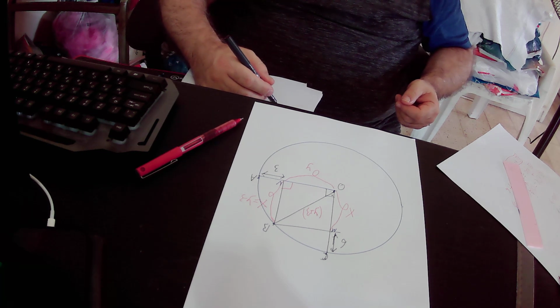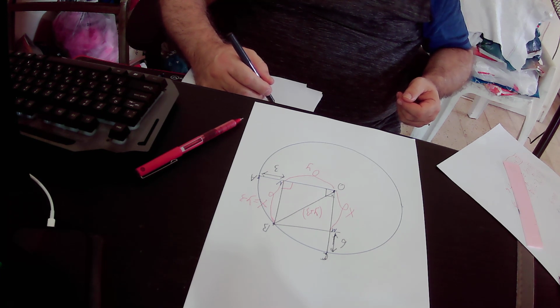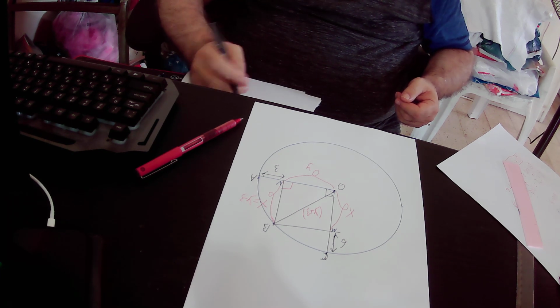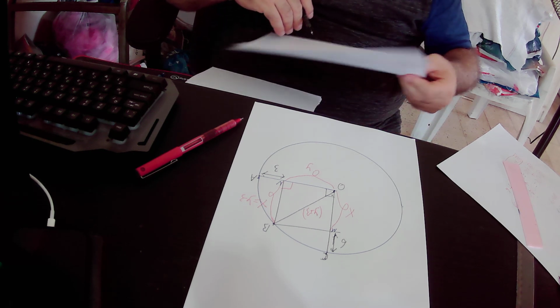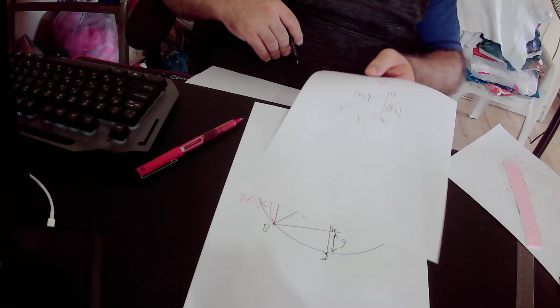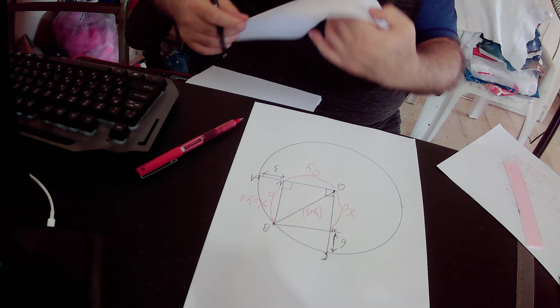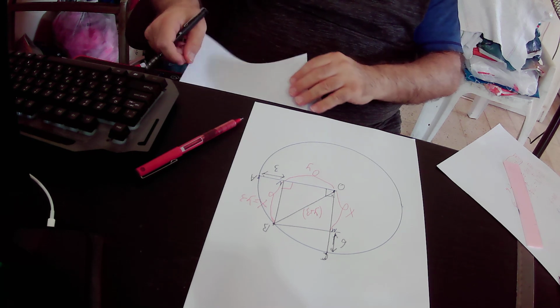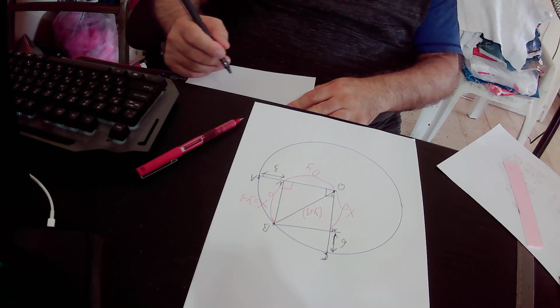The Pythagorean theorem applies only to right triangles, and triangle ONB is a right triangle, so we can use it to find the value of y.